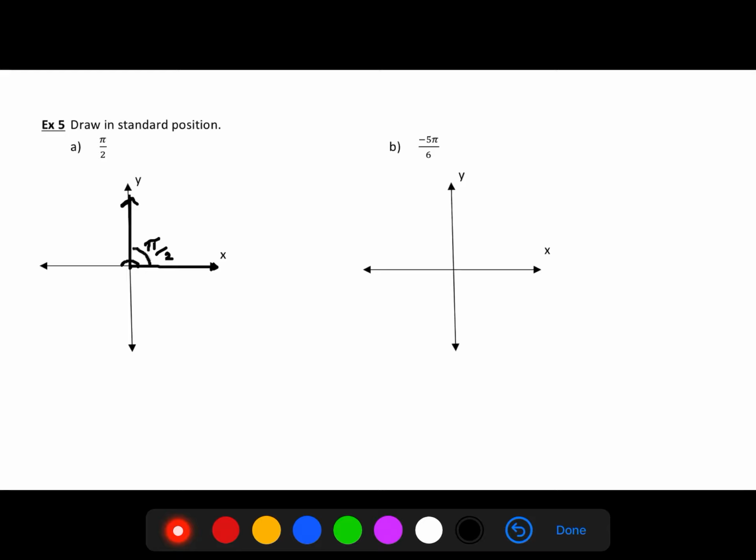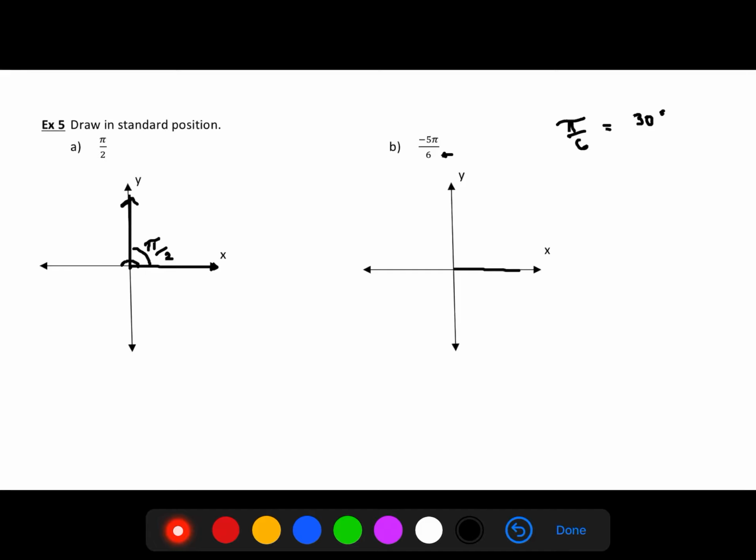Well, we know that a pi over 6 angle, if we think about pi over 6, which is the denominator here, is equal to a 30-degree angle. We know that by taking pi over 6 times 180 over pi, our pi's cancel and we're left with 30 degrees.